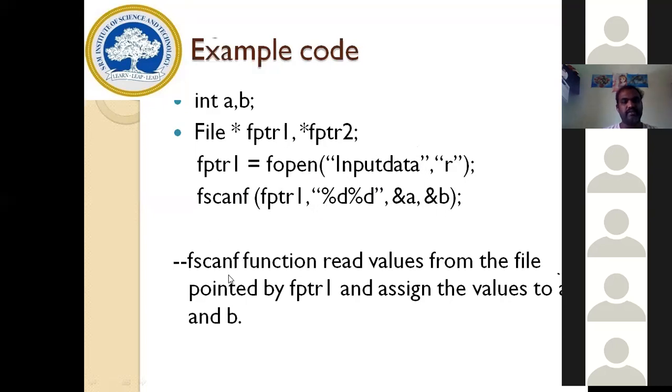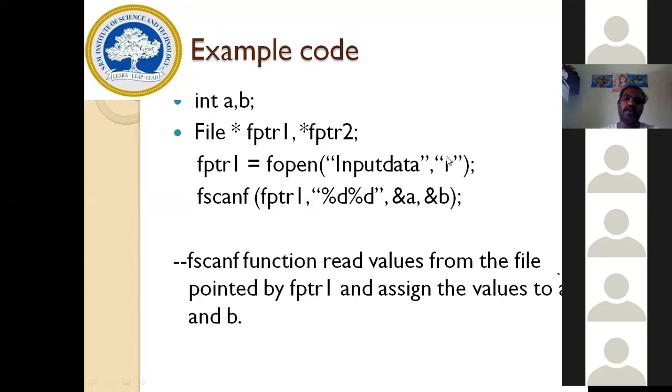So what this fscanf does, it is a function that reads the values from the file pointed to by the file pointer and assigns the values to a and b. Let's say a and b have some values, 10 and 20, available in the file called input data.